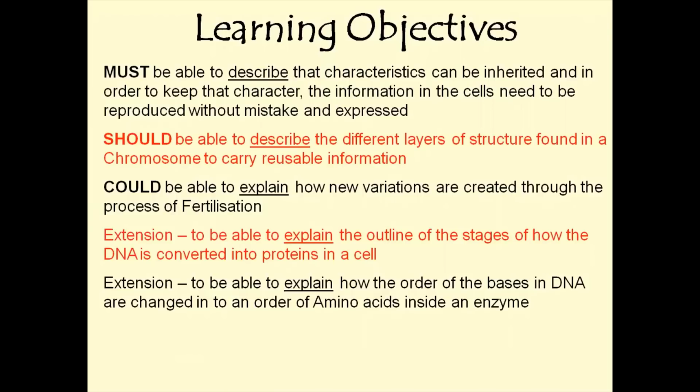Students could also be able to explain how new variations are created through the process of fertilization, or to be able to explain the outline of the stages of how the DNA is converted into proteins in a cell, or to be able to explain how the order of the bases in DNA are changed in order of amino acids inside an enzyme.